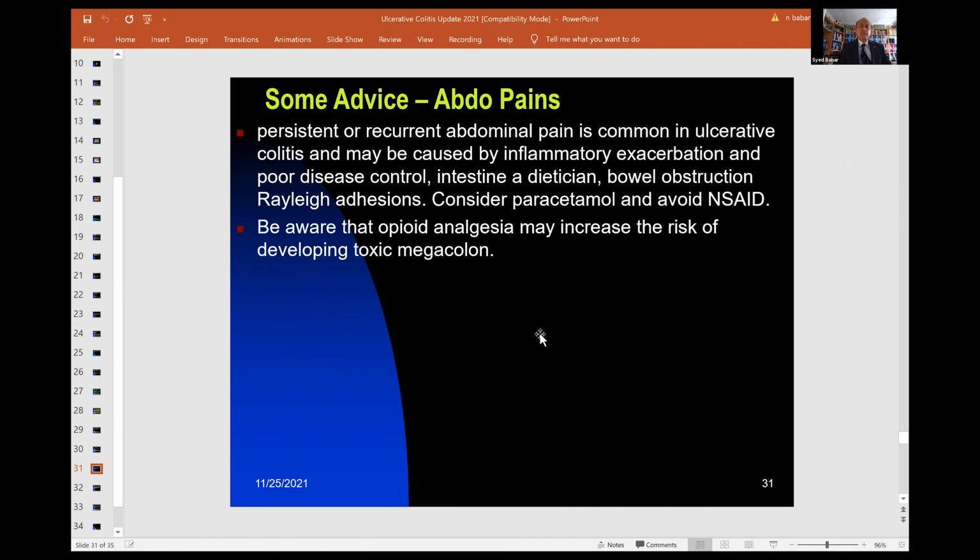So for abdominal pains, avoid opioid medications, NSAIDs, and also one should manage the inflammation and distension.